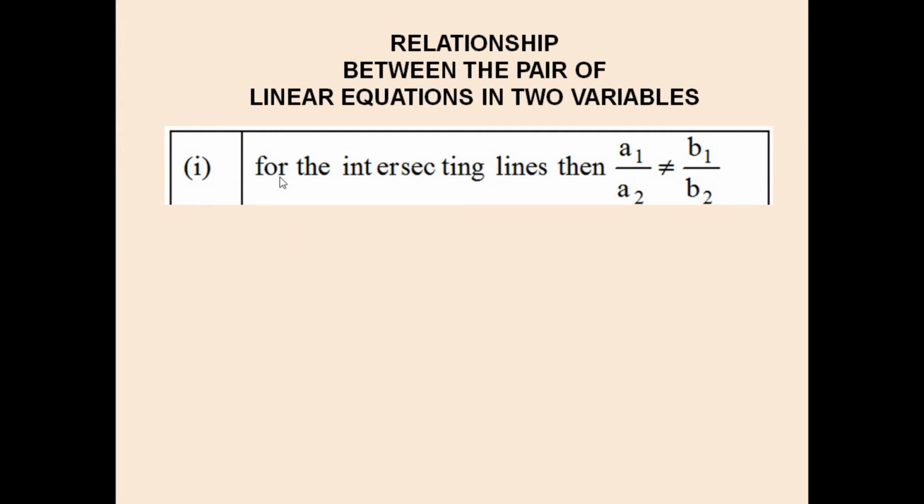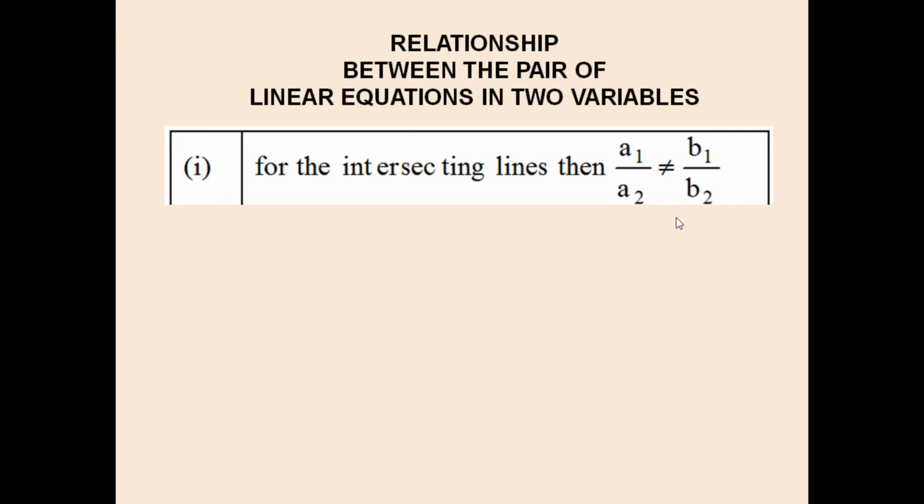The first relationship, now important point to remember here, the coefficients play a very, very important role as far as the relationship is concerned. It is the coefficients that decide what kind of relationship the pair would have. Since we've seen in the previous format that we are labeling the coefficients of the first equation as a1, b1, c1 and the second equation as a2, b2, c2.